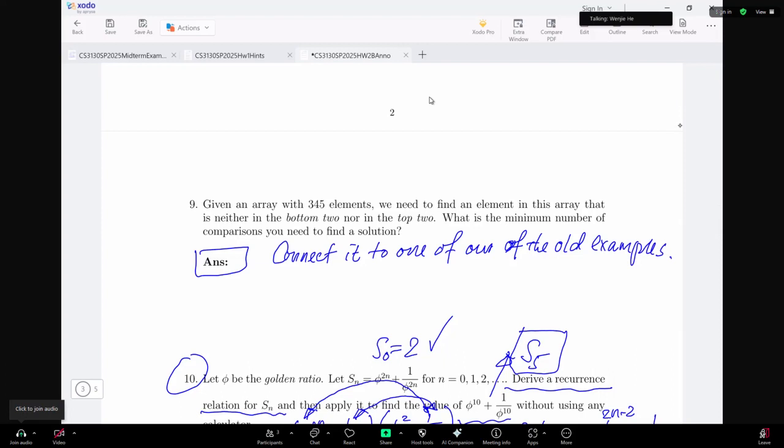Bottom 2. So let me draw a diagram. A relatively large number of elements. This number is not very important, but we can choose 5 elements.